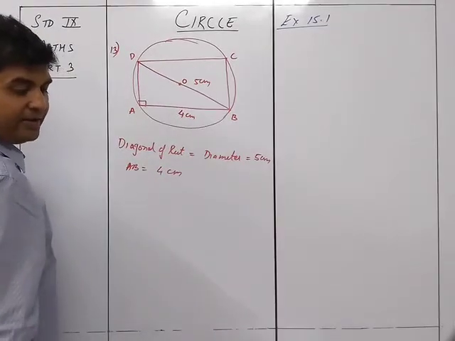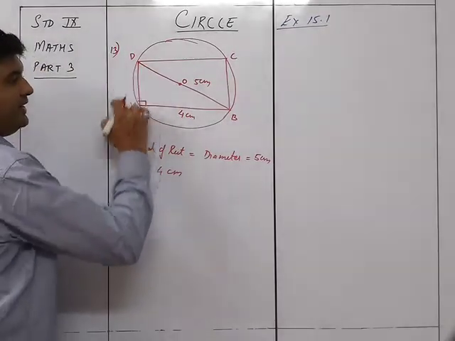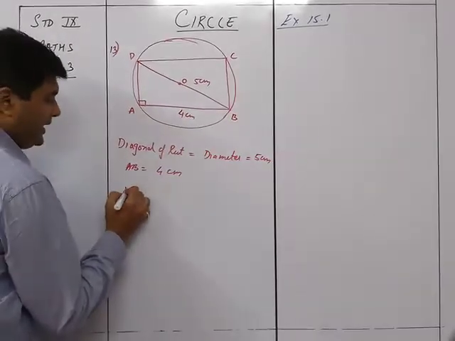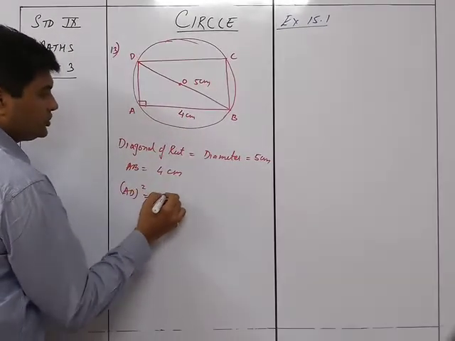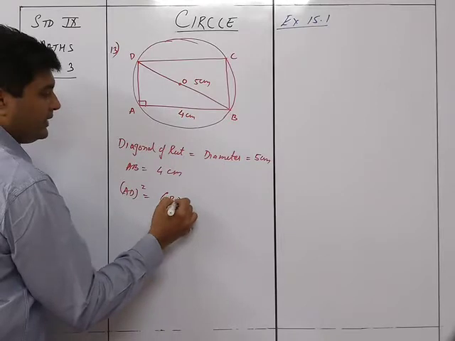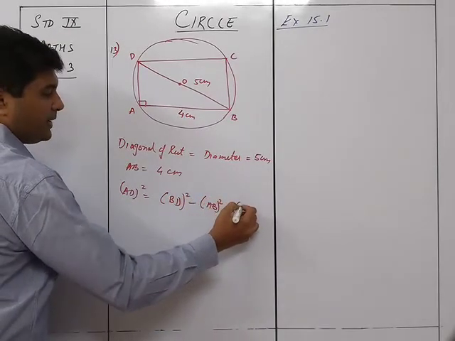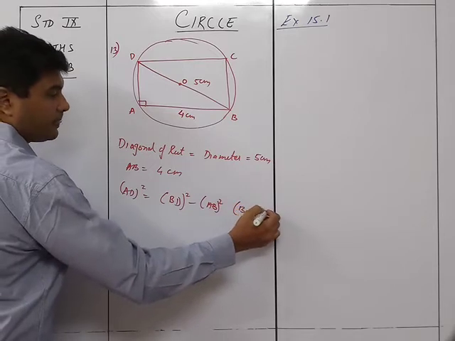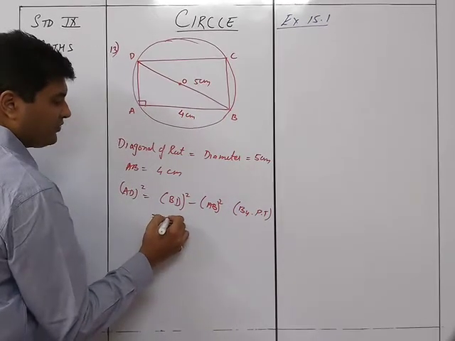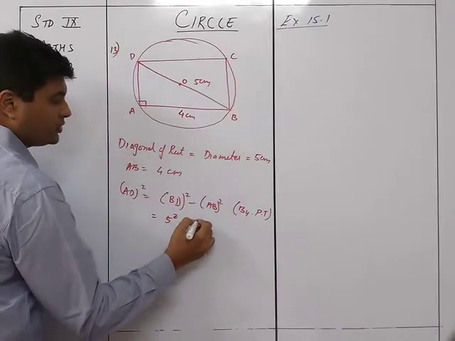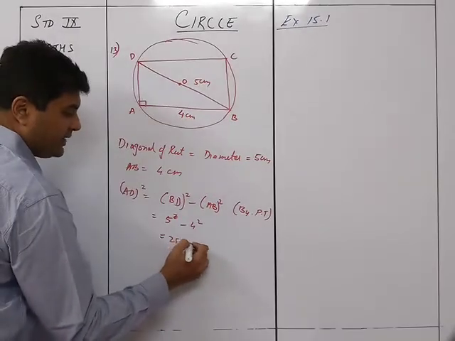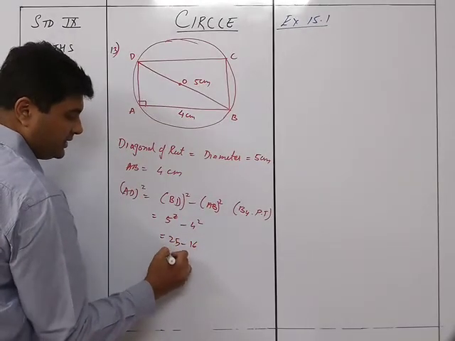What we need to find is the area, so we just need to find AD and then the area. AD square is equal to BD square minus AB square, by Pythagoras theorem. So that gives 5 square minus 4 square, which is 25 minus 16, which is 9.